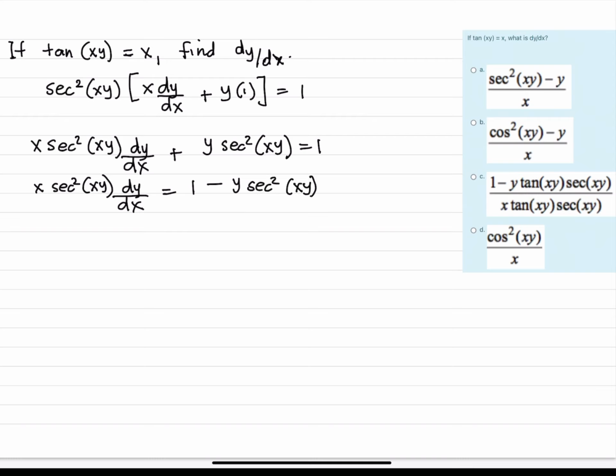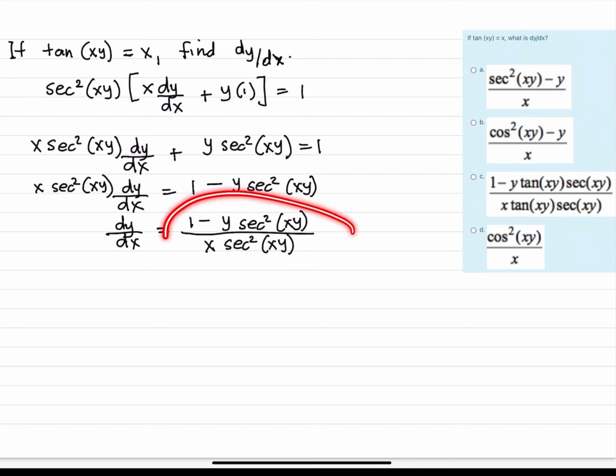Okay, and then getting rid of this factor, we divide the whole equation by this to get dy over dx equals 1 minus y secant squared of xy all over x secant squared of xy.